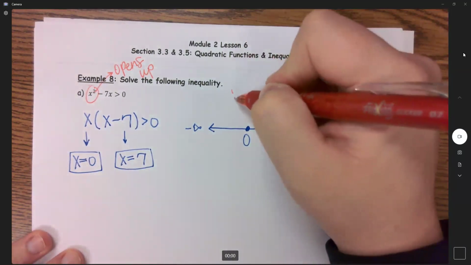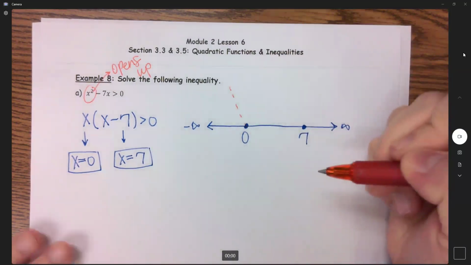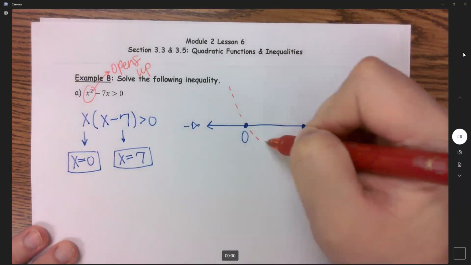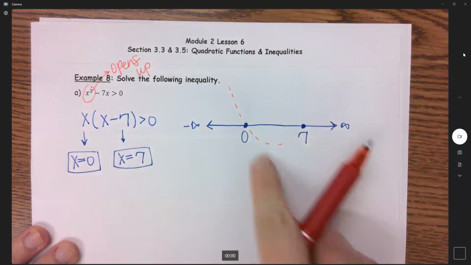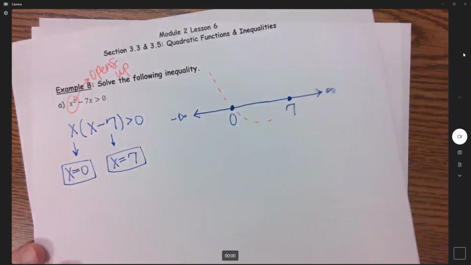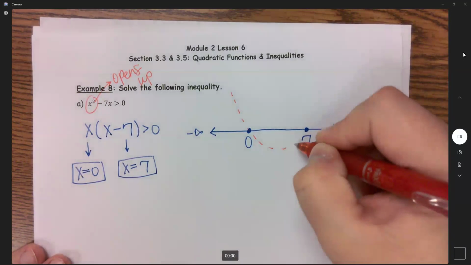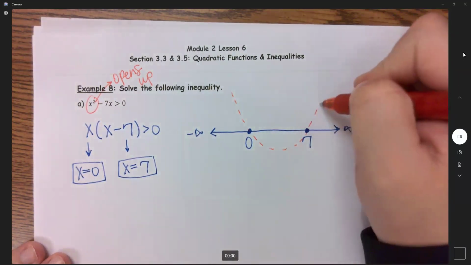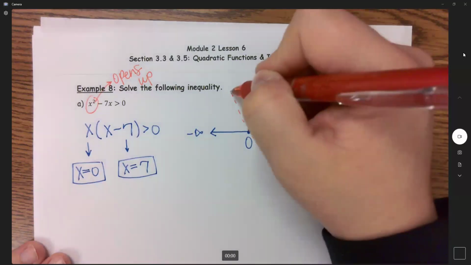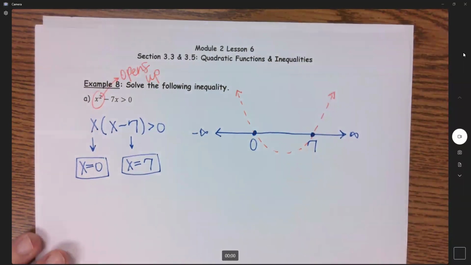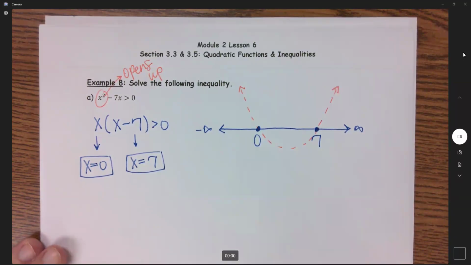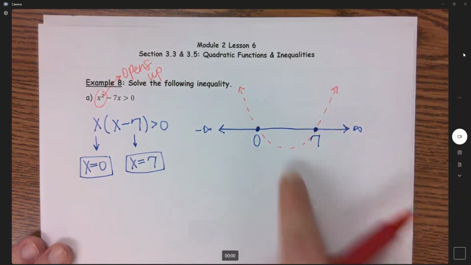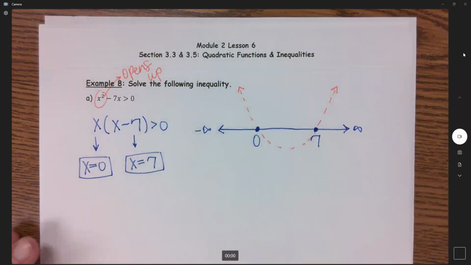It starts up here, comes down, crosses through that x-axis, dips down, and I have no idea how low it goes, and I don't care, but I know it's eventually going to come back up and cross at x equals 7, and then come up right there. So there is a rough sketch of my graph. Again, I don't care how low this vertex is, and we can find it by using our formulas, but it's not important.